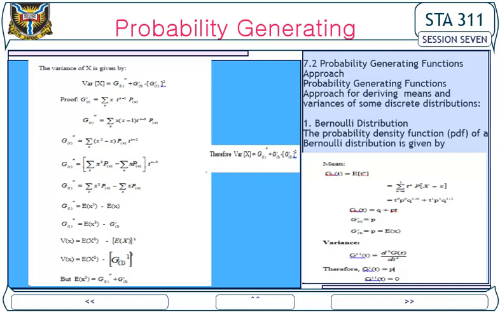Probability generating functions approach for deriving means and variances of some discrete distributions. 1. Bernoulli distribution.